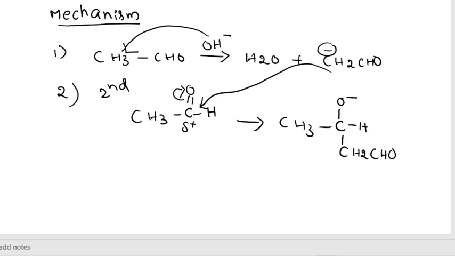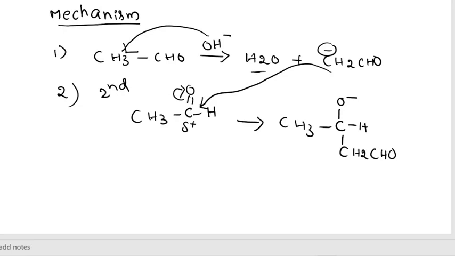So in the first step, deprotonation by the OH minus ion from the strong base. And in the second step, there is an attack of the nucleophile on this positively charged carbonyl carbon so that the alkoxide ion is produced.